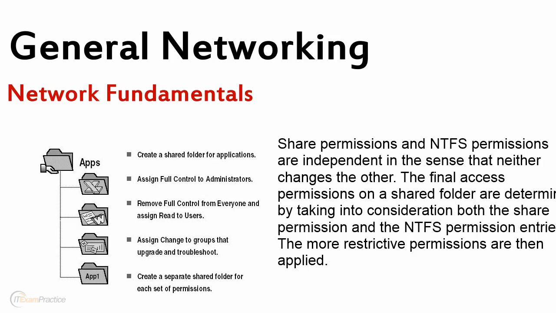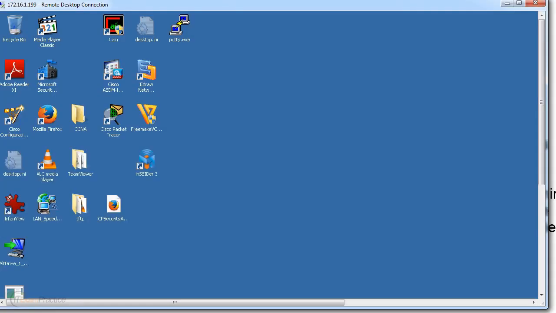Let me connect to my management PC and we will share a folder and show you how it works. Let's say you want to share a folder with your friend or with, I don't know, somebody on your network. Let's create a new folder. Let's call it test share.